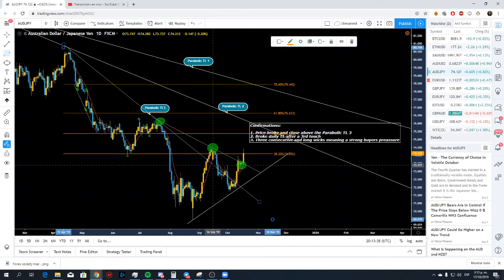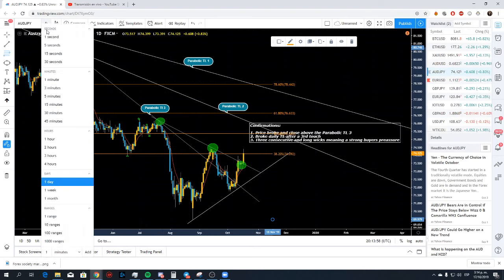Right now we got a 38 level that is showing us the price is having some issues breaking above that point. So the 38 level would be our first Fibonacci level.